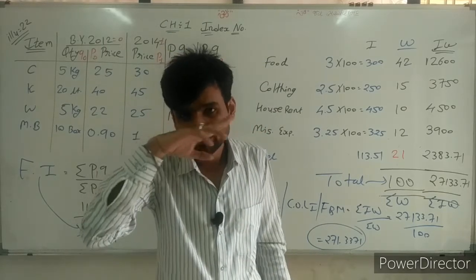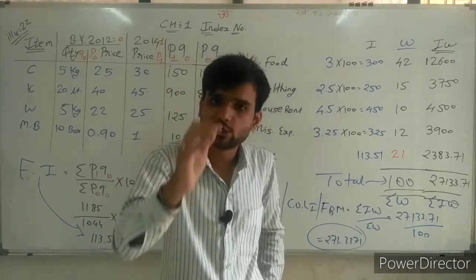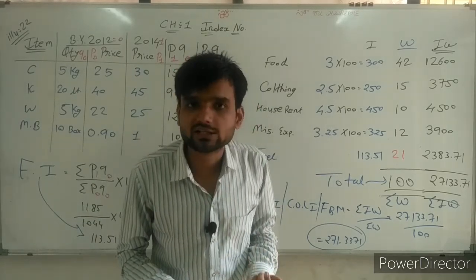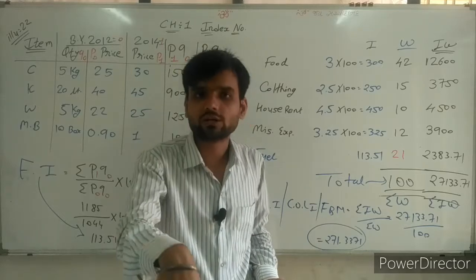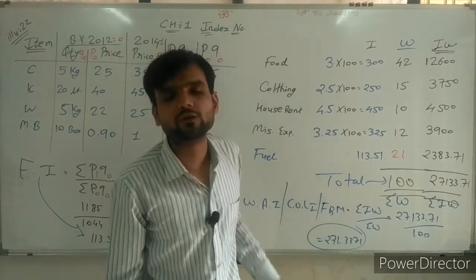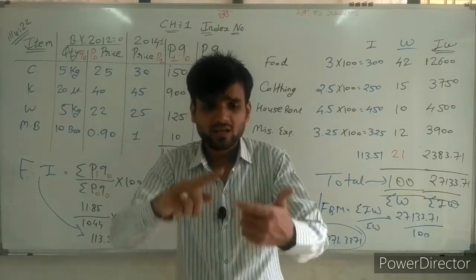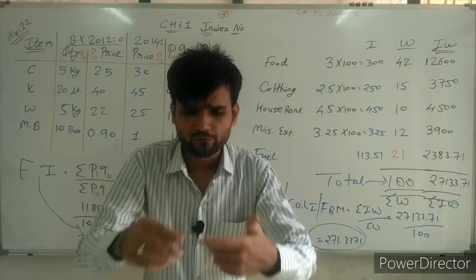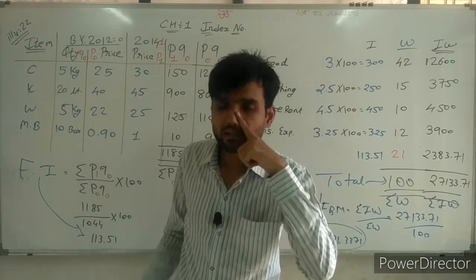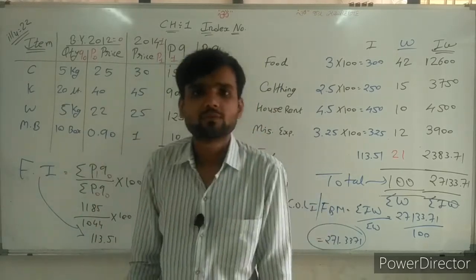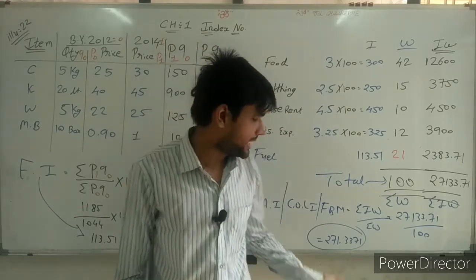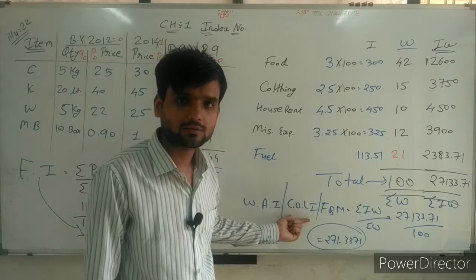That's it. Even I want to tell you one more thing. If the total expenditure method is given, even in the total expenditure method, you can find the cost of living index number. And second, last pair or partial. First apply last pair like this. If last pair is not applicable, then apply partial. Both are total expenditure method. And cost of living index number.